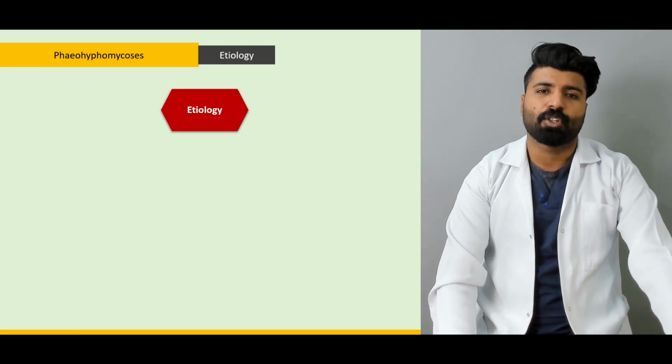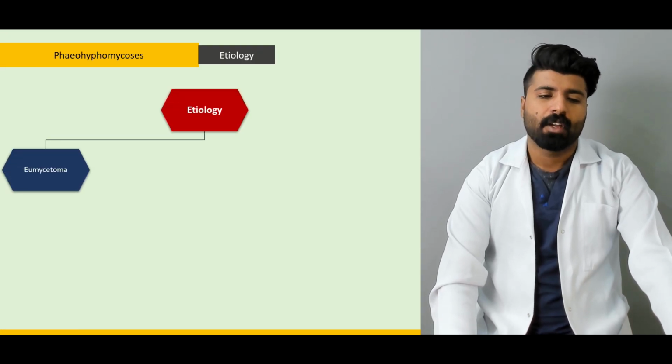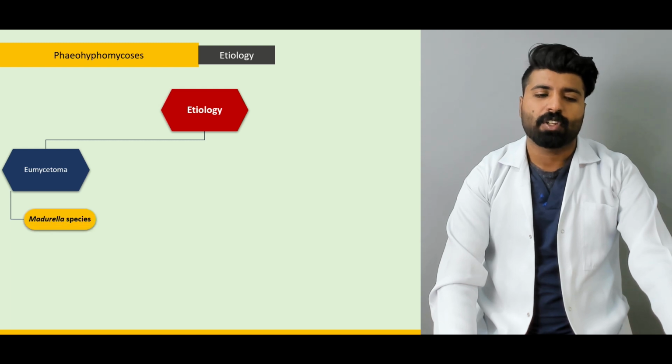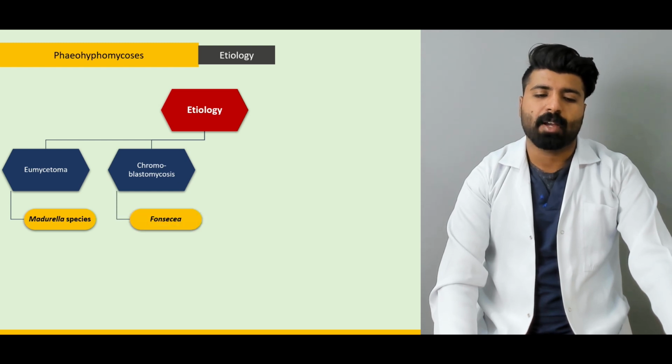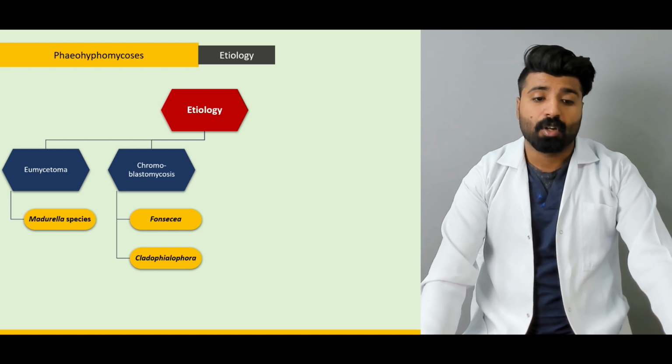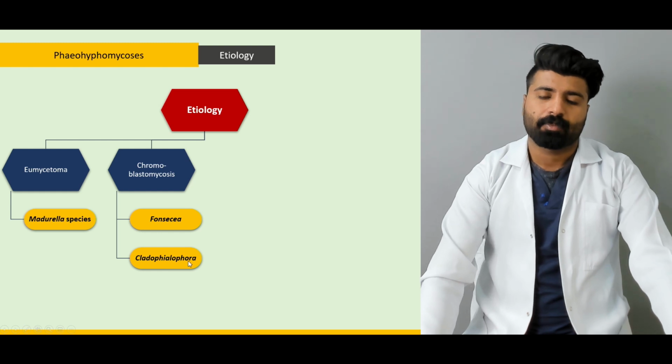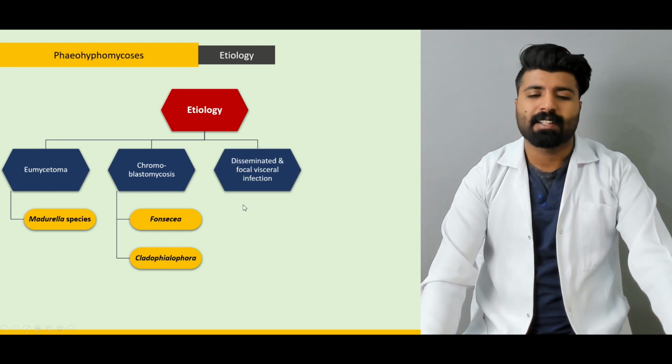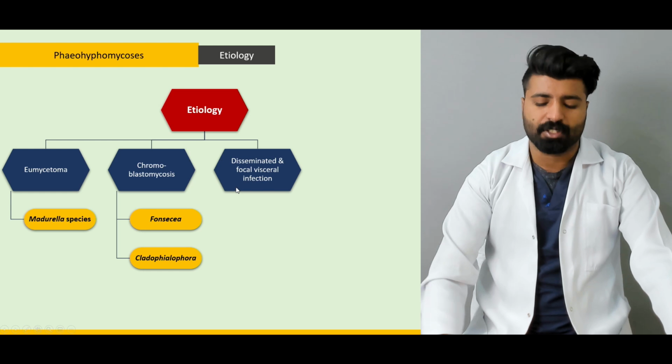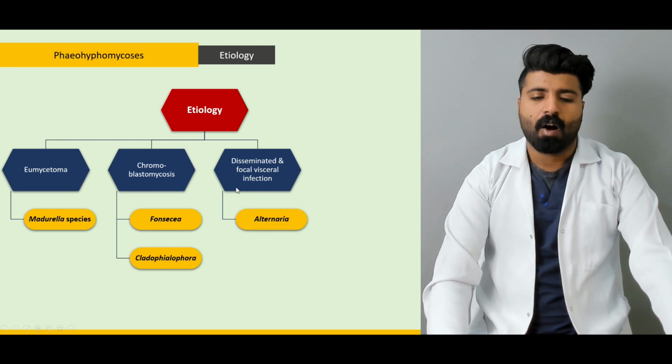So what's the etiology of this pathology? First of all, we have eumycetoma, which is caused by what? Madurella species. We have chromoblastomycosis, which is caused by Fonsecaea, which can also be caused by Cladophialophora. We have disseminated and focal visceral infections, which are caused by what? Alternaria.